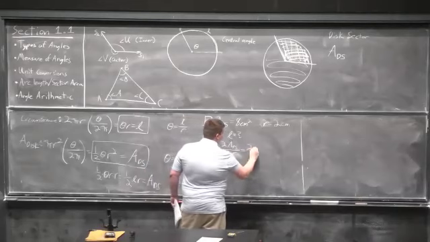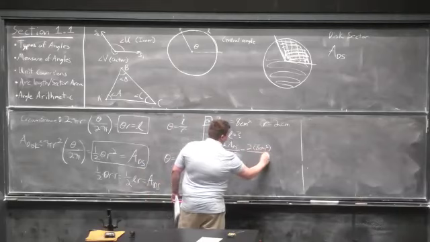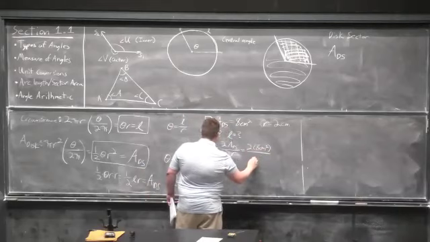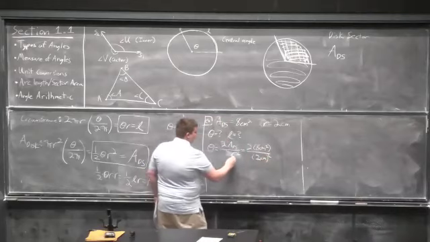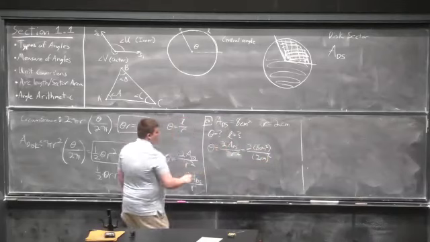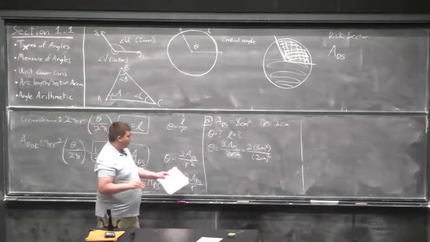And so we have 2 times 8 centimeters squared all over 2 centimeters squared.